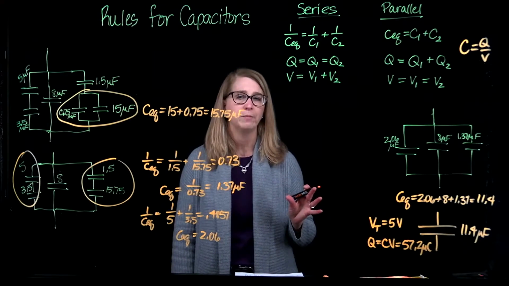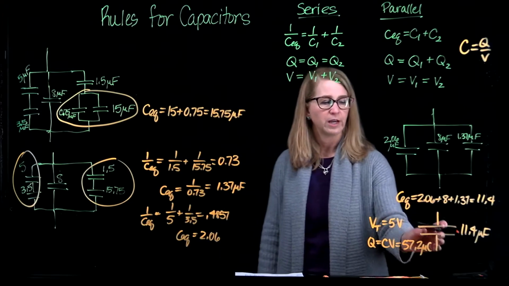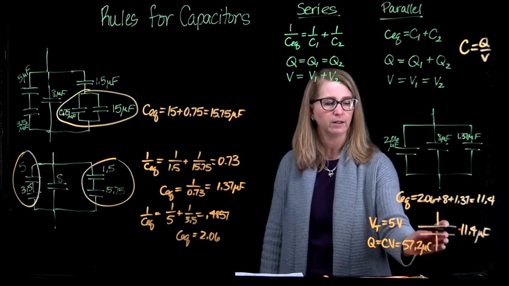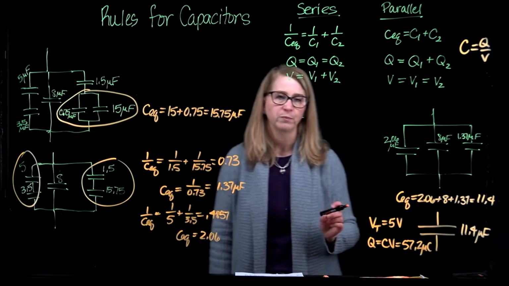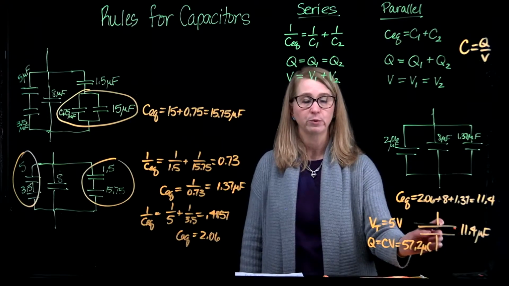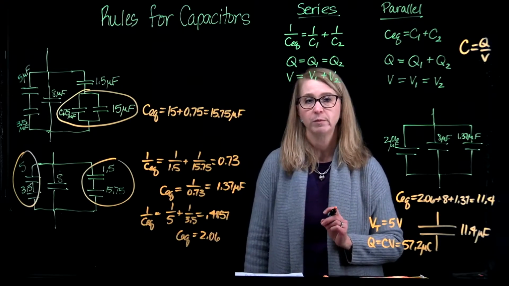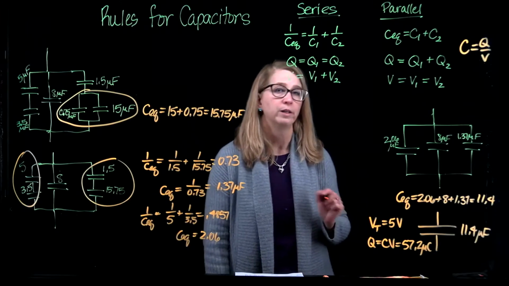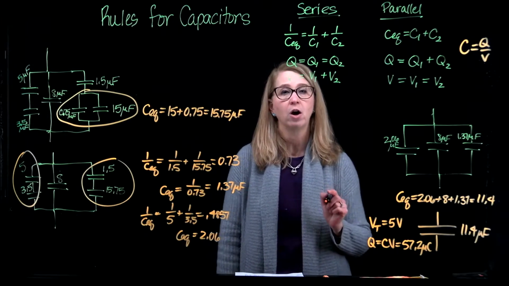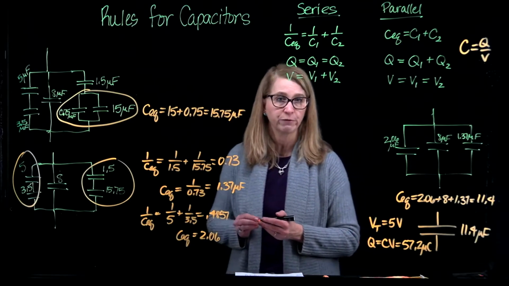Now to work my way backwards, I'm always going to have to think about how did I get from here to here, but now I'm going backwards. When I got to this equivalent capacitance, I realized I was replacing 3 capacitors in parallel. Now, one of the helpful things that I know about capacitors in parallel is they all have the same potential difference.